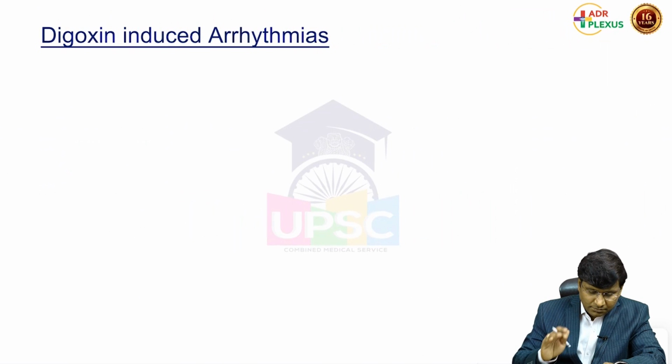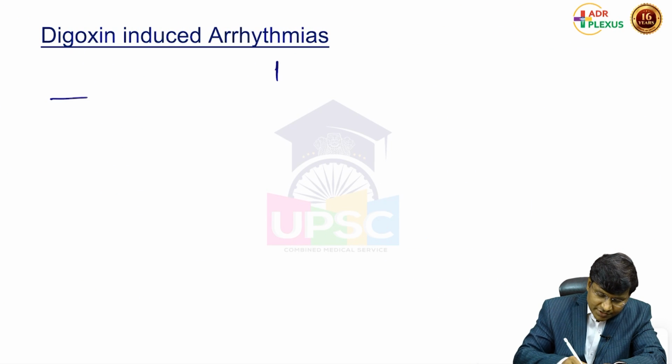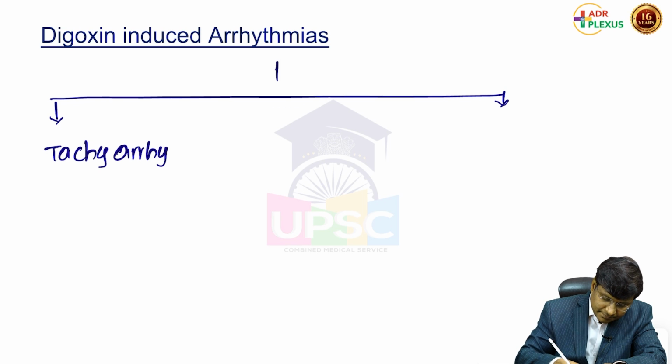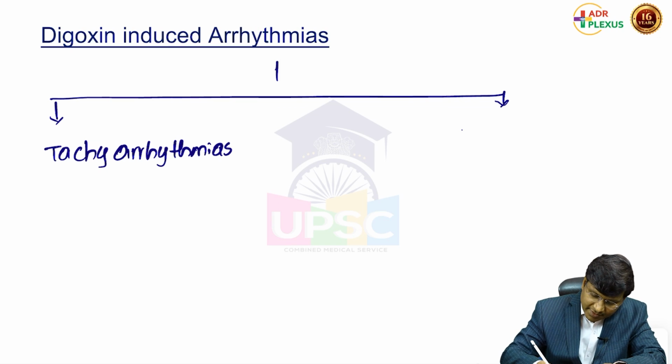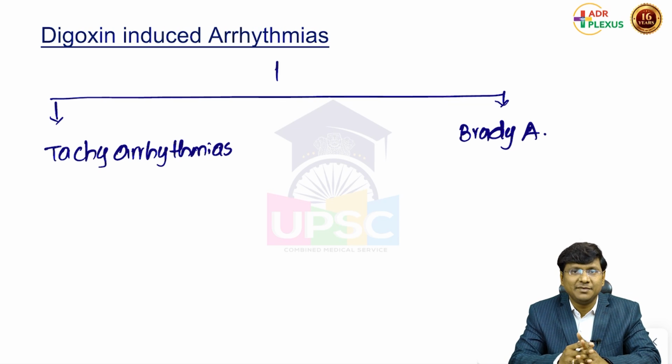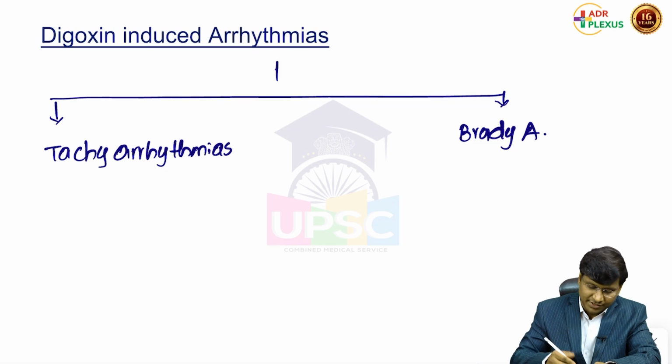Whereas digoxin-induced arrhythmias include tachyarrhythmias and also bradyarrhythmias. What are the tachyarrhythmias associated with digoxin toxicity?